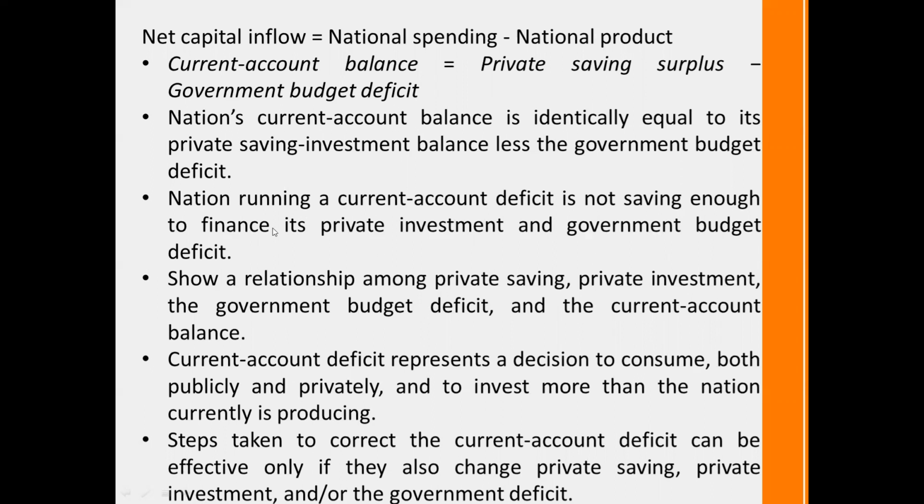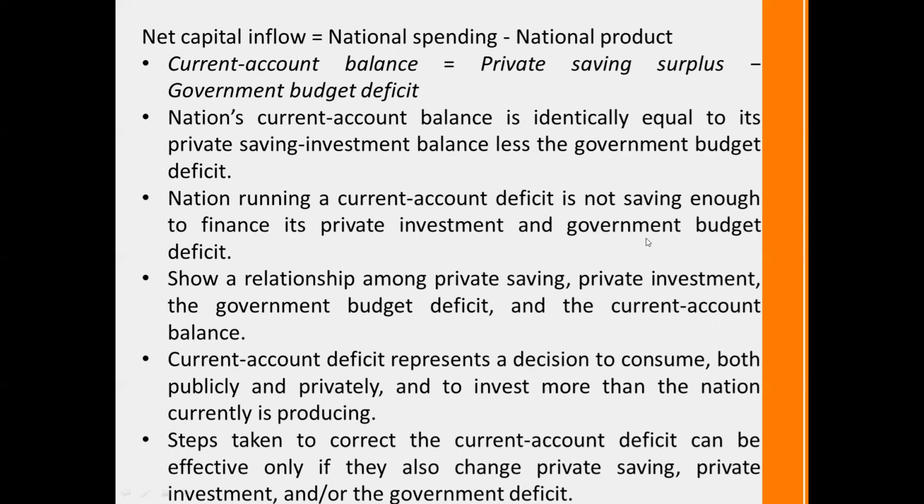If a nation has more import expenditure than export income, that indicates the nation does not have enough saving to finance its own domestic investment as well as its own government budget deficit.